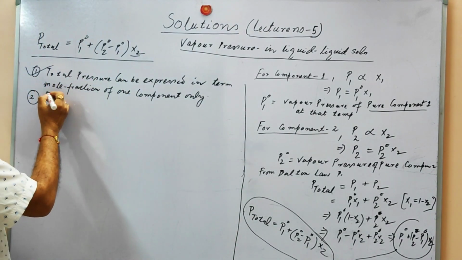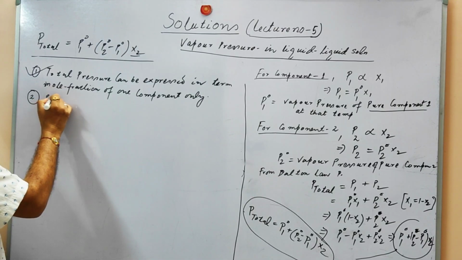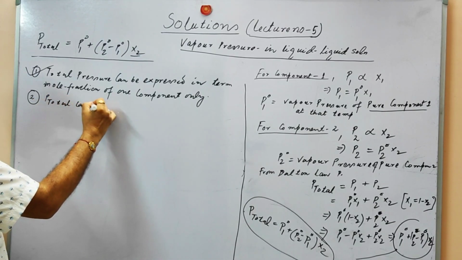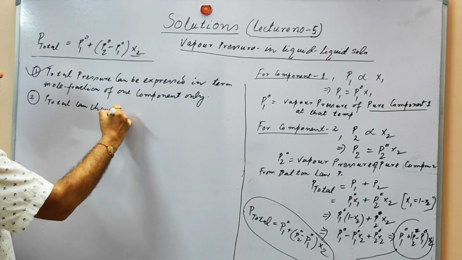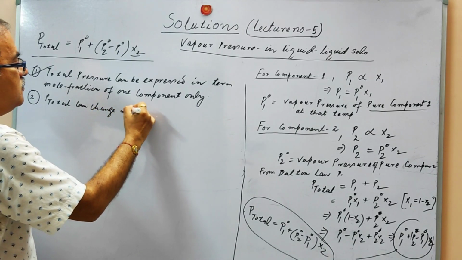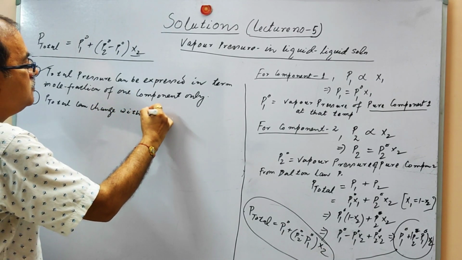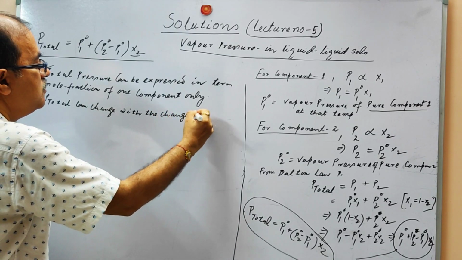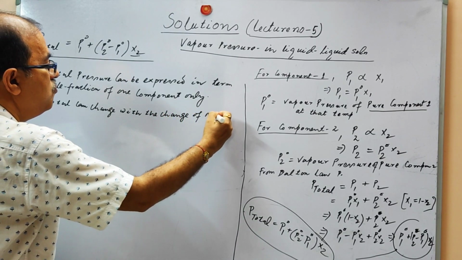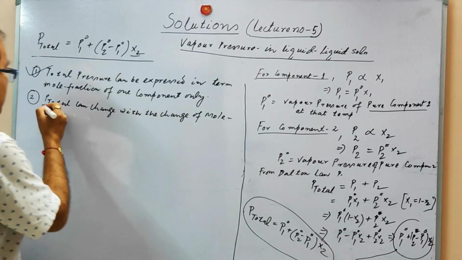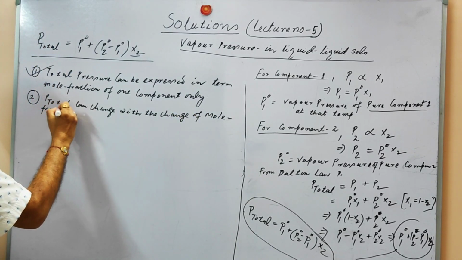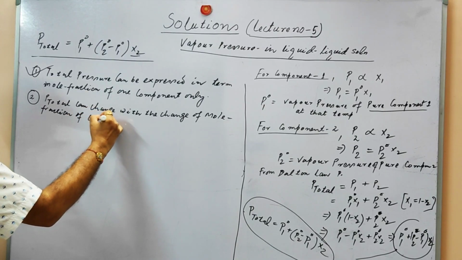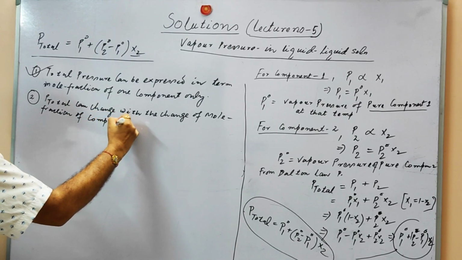So we can write that P total can change with the change of the mole fraction of component 2.